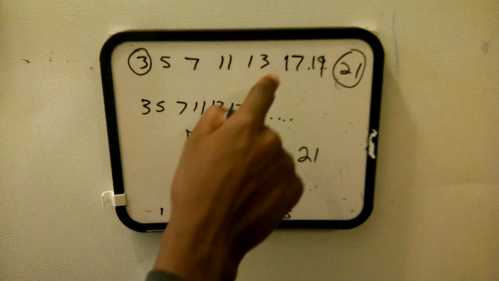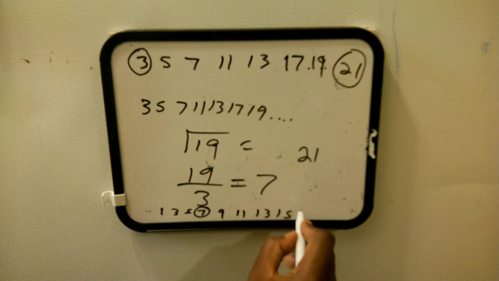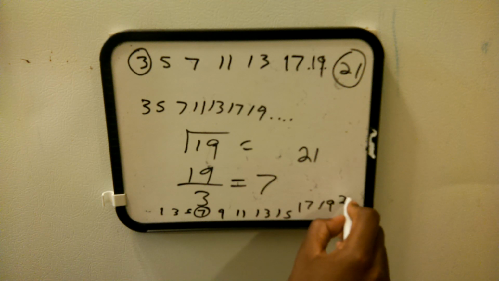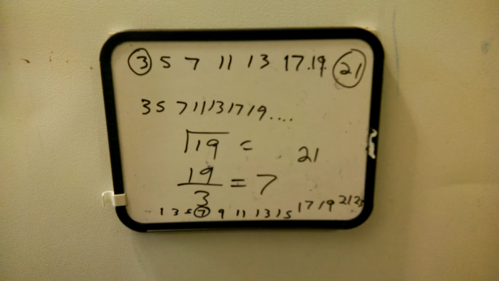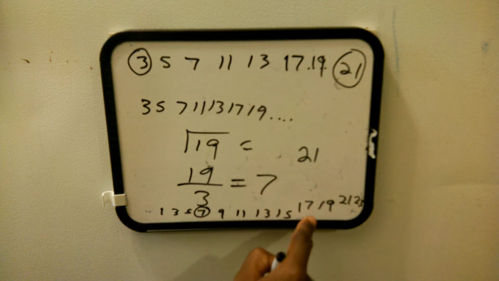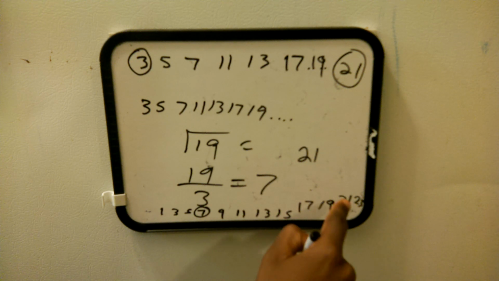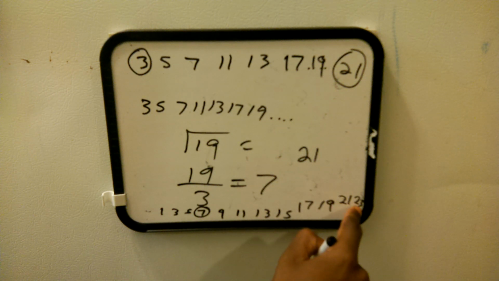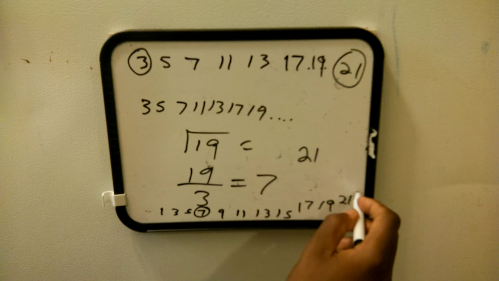So remember, 15, 17, 19, 21, 23. It says 21, so we go 17, 19. We know it's not 21 because we just figured out 21. So it means it will be the next prime number, which is 23.